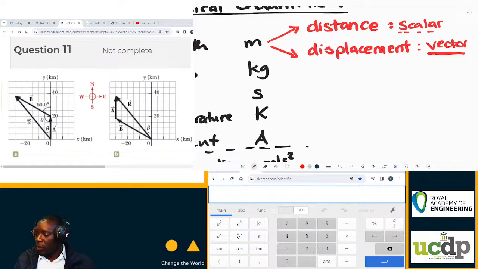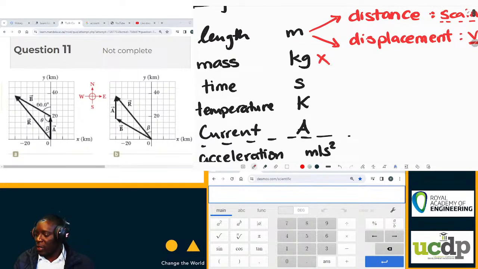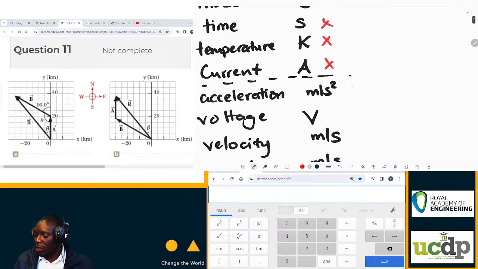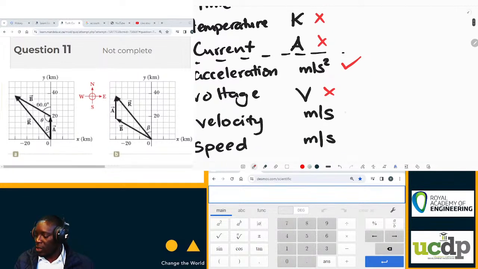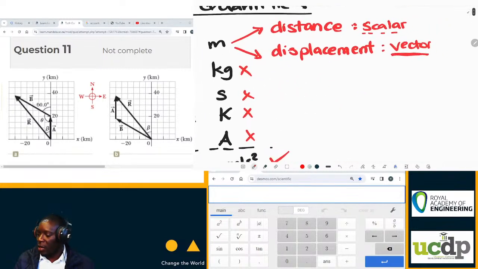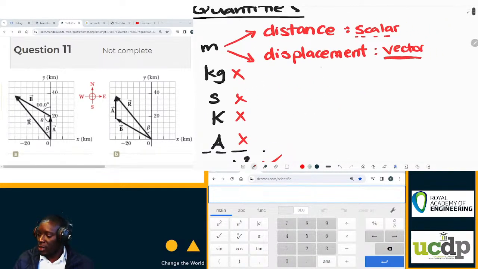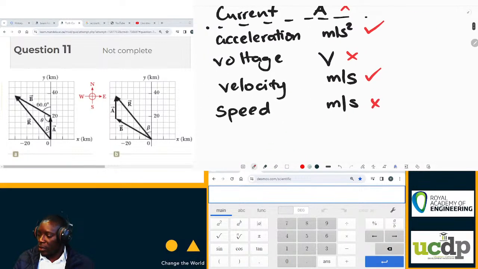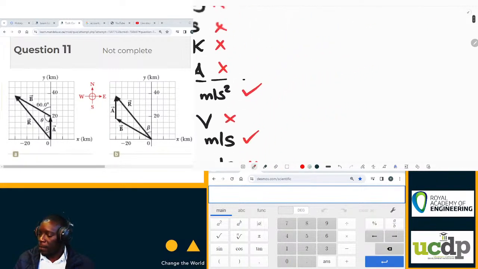Which means mass cannot be a vector because it's magnitude only. Time, magnitude only, temperature, magnitude only, current, magnitude only, acceleration, vector, voltage, magnitude, velocity, vector, speed, magnitude, which is a scalar. So I've identified my vectors here. I only have three vectors: displacement, acceleration, and velocity.